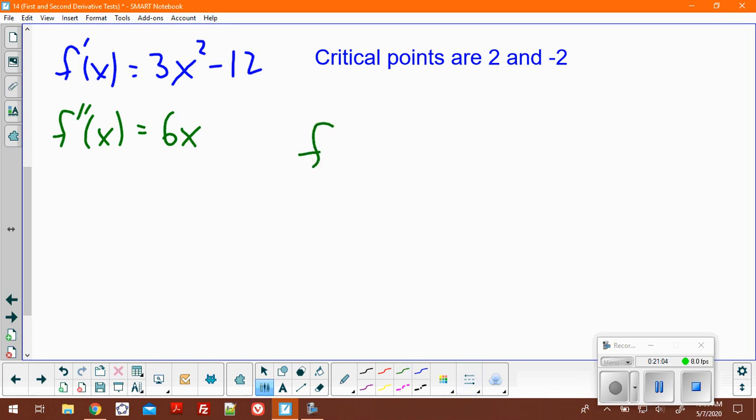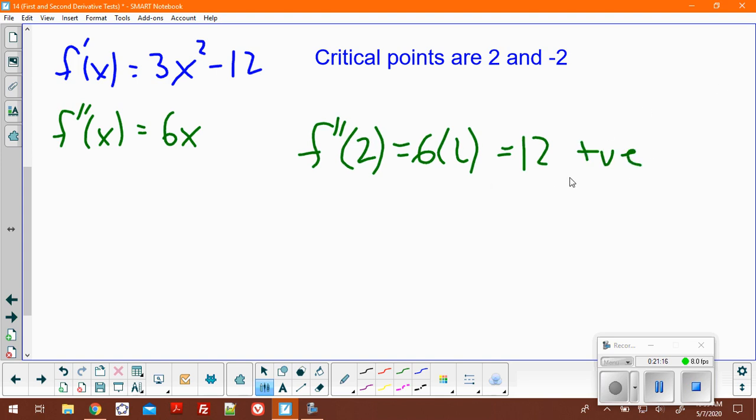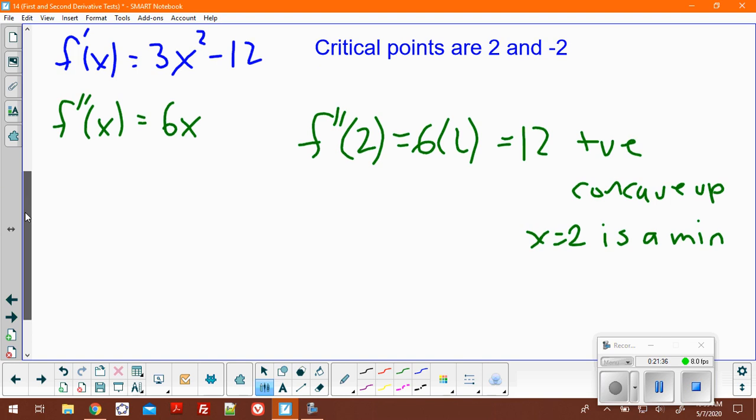So I do f double prime. We'll start with 2. That's 6 times 2, which is 12. This is a positive result. That means in that interval, it is concave up. So that means that 2 is a minimum.